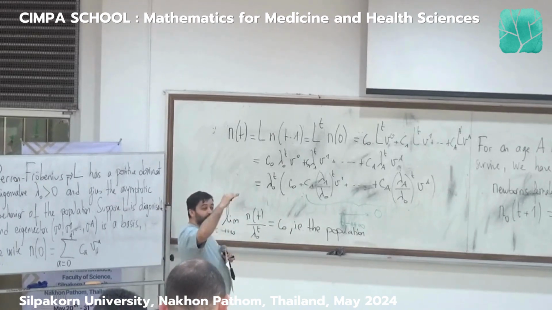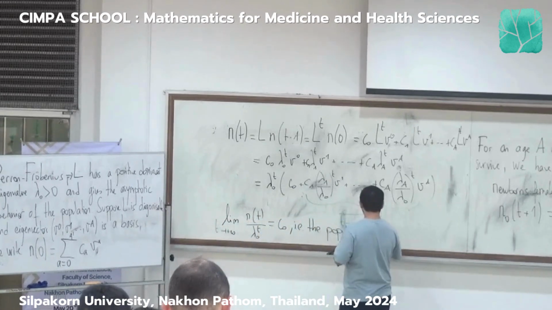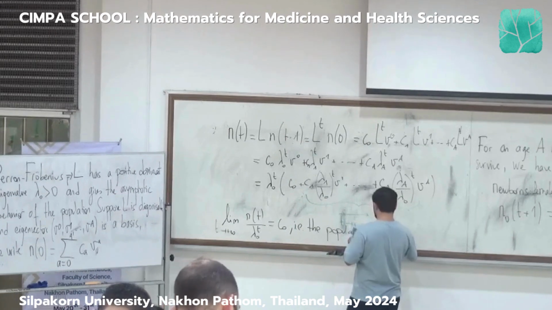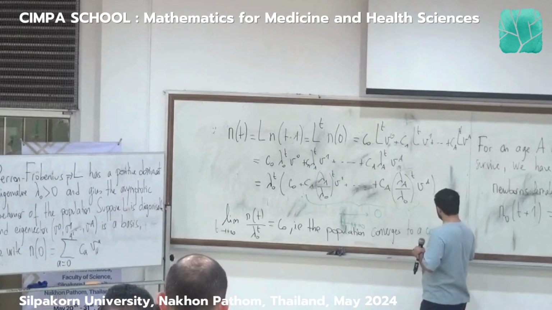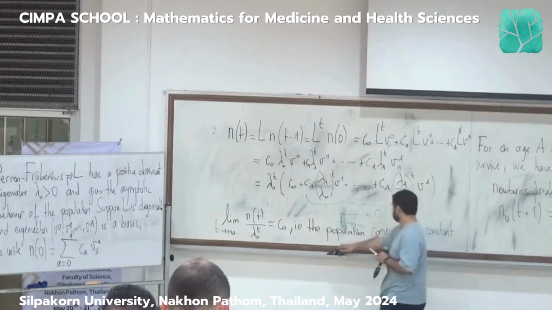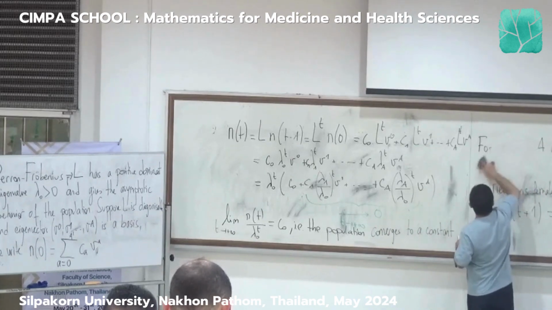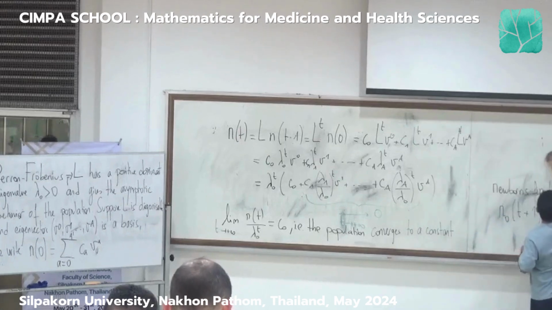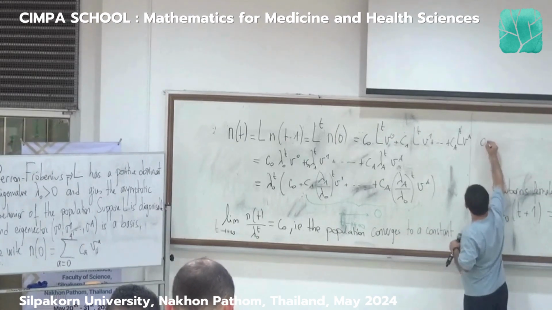So it means all the population will go to something stable. So the population converges to the constant distribution of the ages.